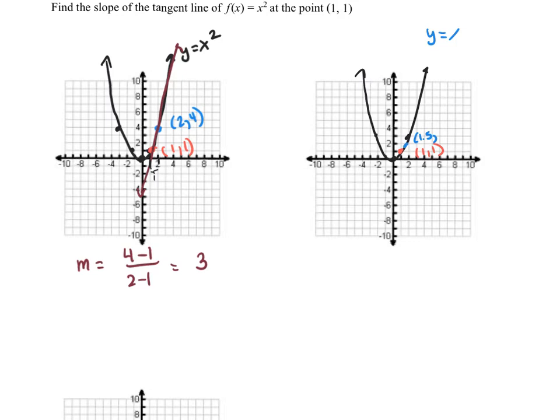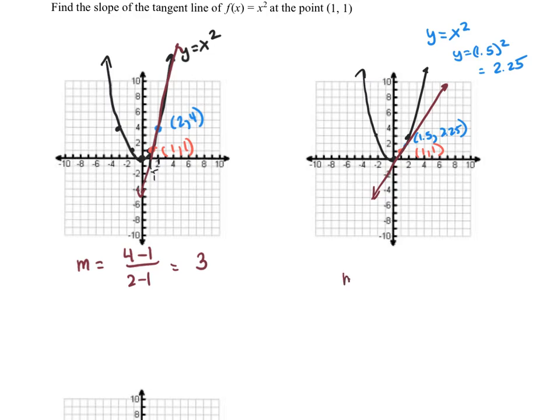Well, we know y is x squared, so y is just 1.5 squared, which is 2.25. So now if I connect these 2 points, they will obviously be a little closer together, but it's still a secant line. So you get this.